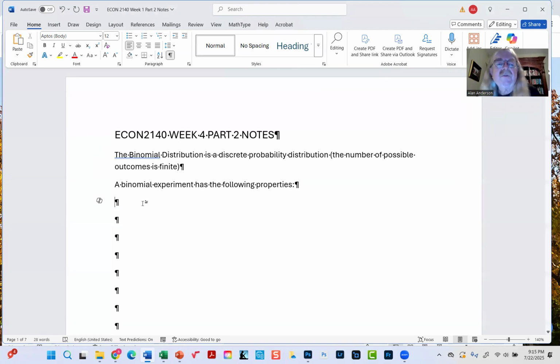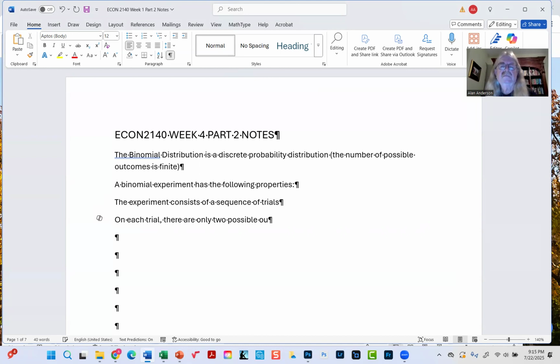Okay, so anyway, just to repeat, a binomial experiment has the following properties. Number one, the experiment consists of a sequence of n trials. On each trial, there are only two possible outcomes: success and failure.